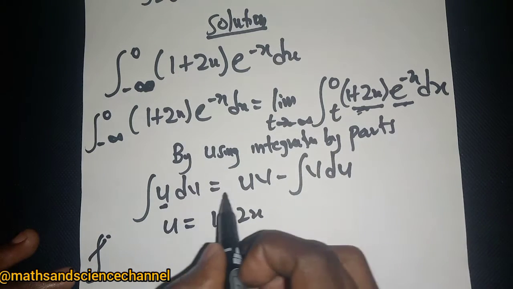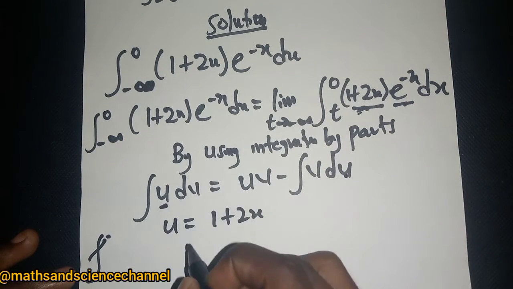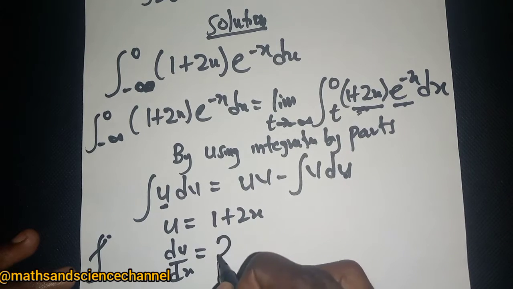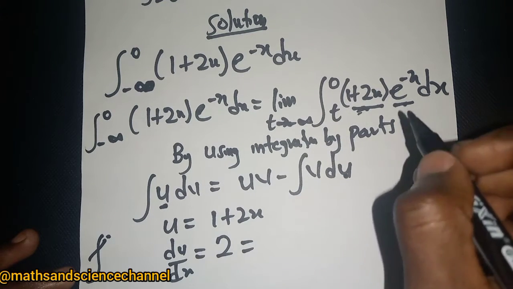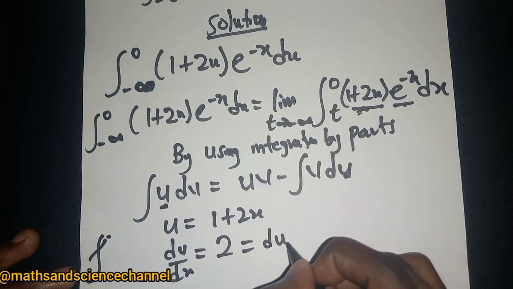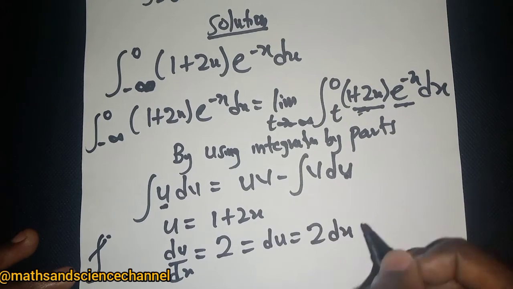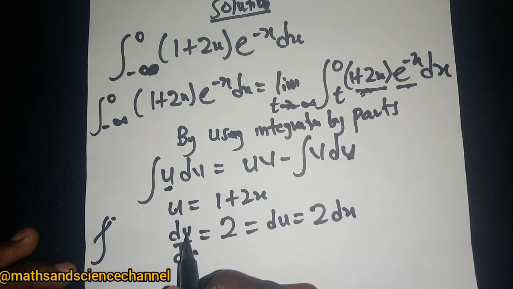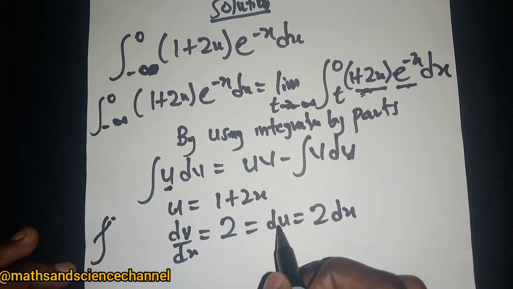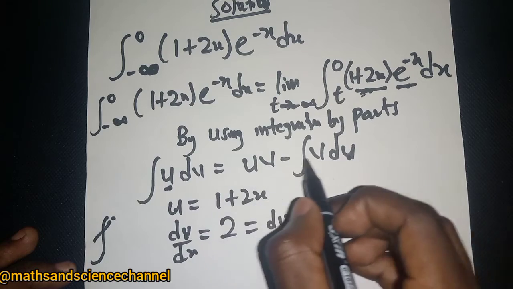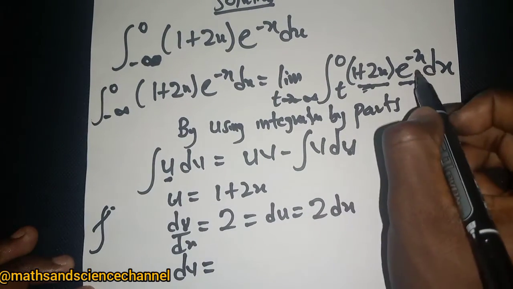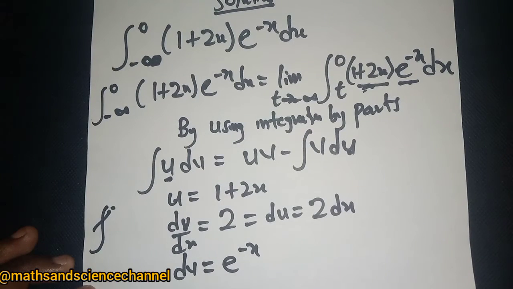In the formula we need du, so we differentiate u with respect to x. So du is 2 dx. We know our u, we know our du. Now what is our dv? Our dv in this case is e to the negative x dx.